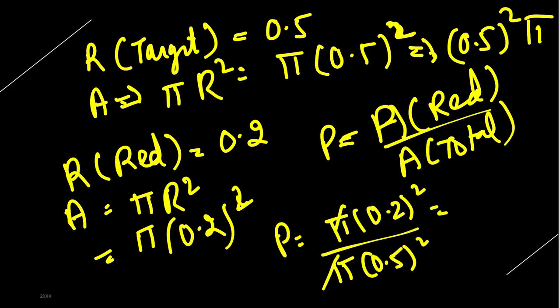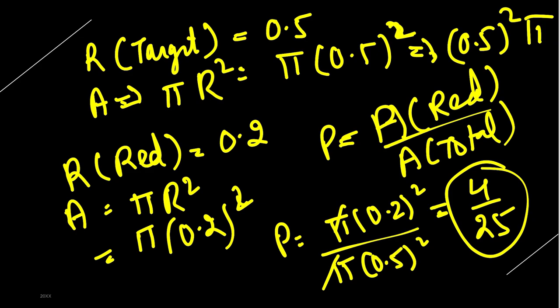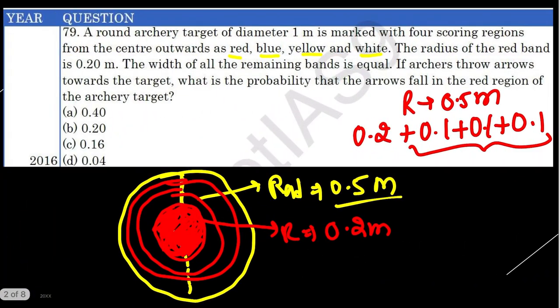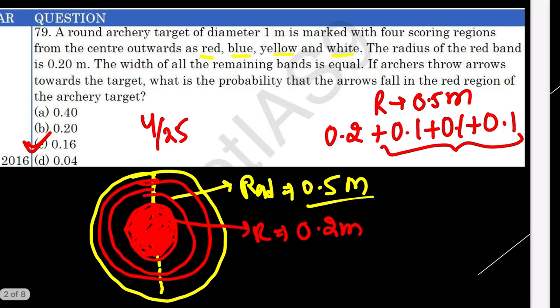If you solve this you will get 4 by 25. So 4 by 25 is the answer, which is 16% or 0.16. I hope this is clear. 0.16 is the answer of question number 1.